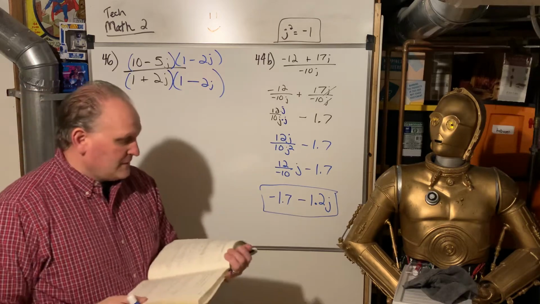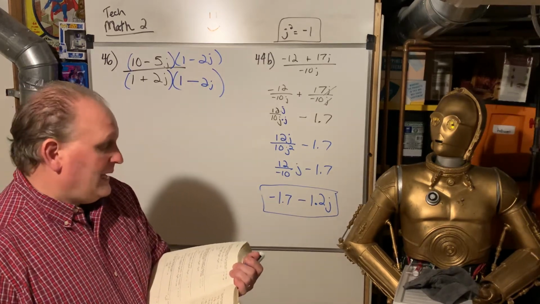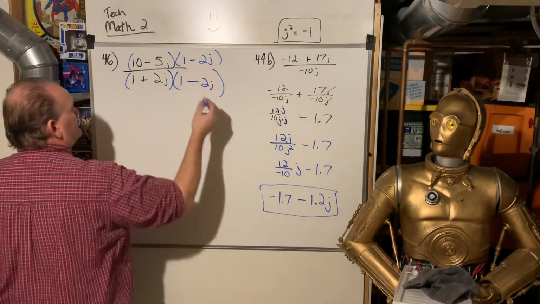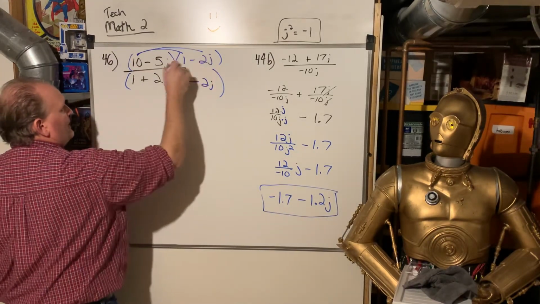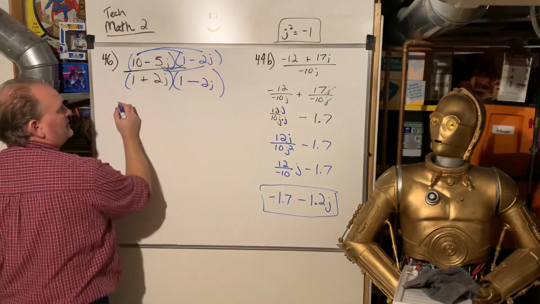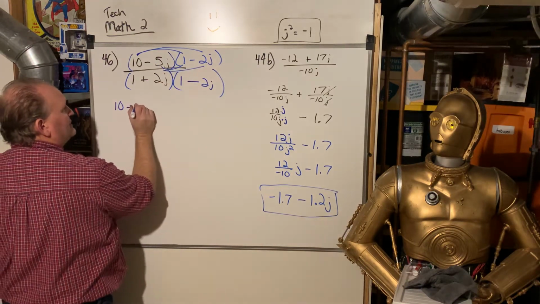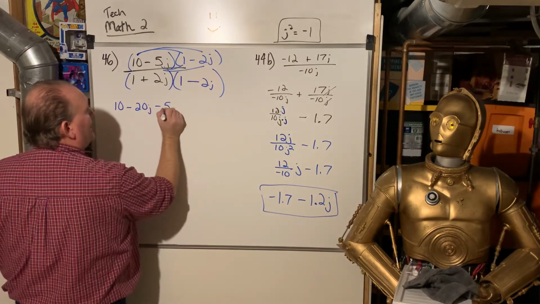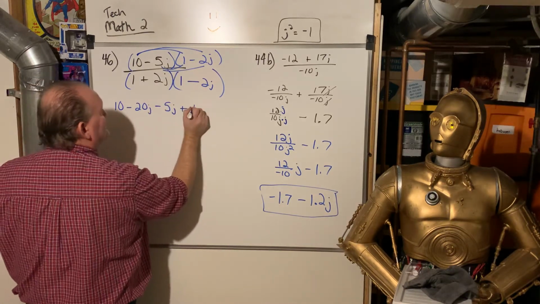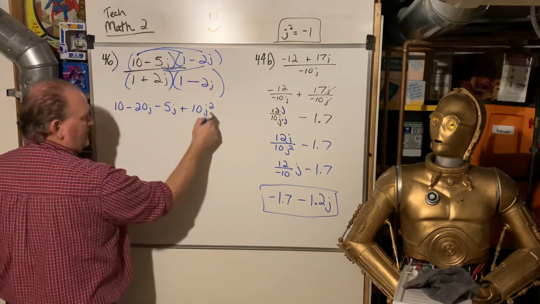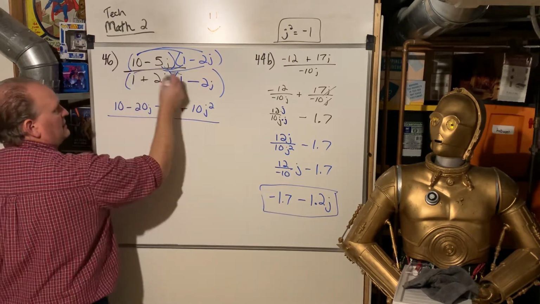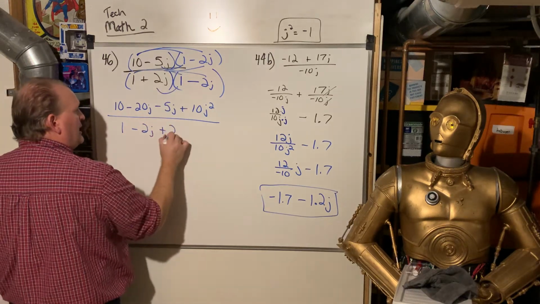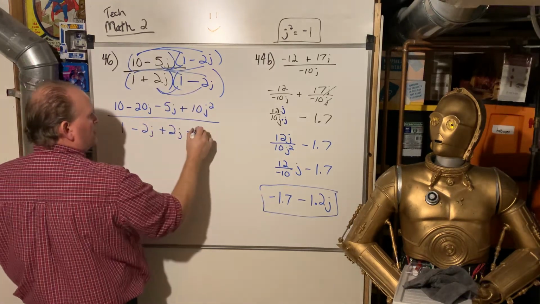All right? And so now we multiply top and bottom by the same thing, by the conjugate. And now we use the distributive property twice. So 10 minus 20j minus 5j plus 10j squared, but we're going to make that negative 1 in a second. 1 minus 2j plus 2j, and then minus 4j squared.